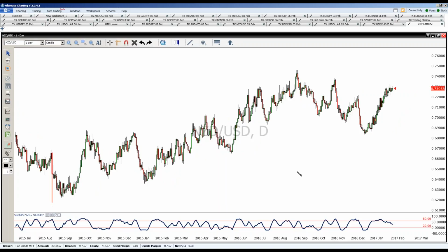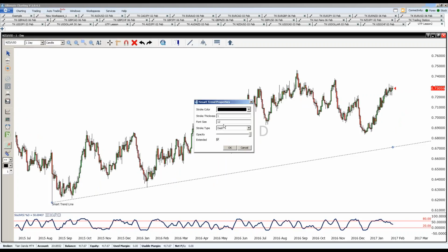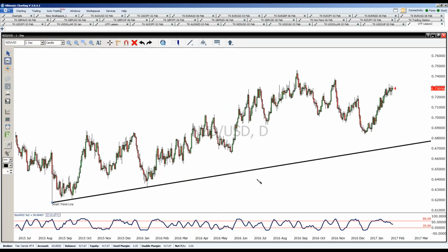So if I start my first trend line at the bottom, then that will be the long-term outer trend line.